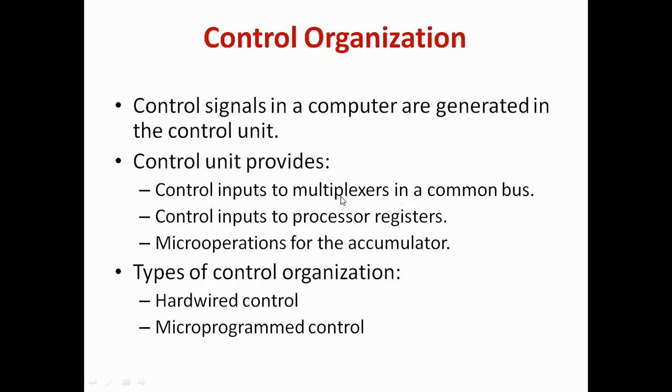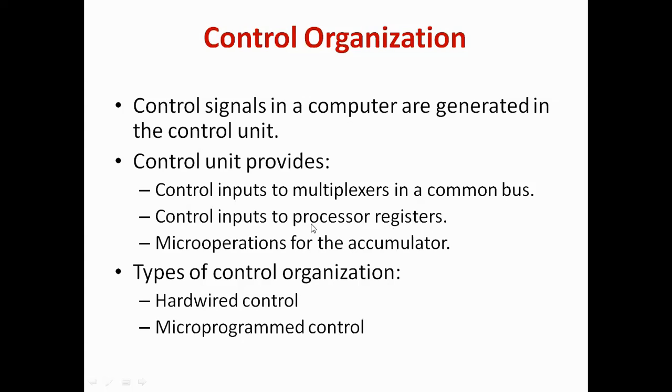And we have various processor registers, and we know those registers have various control inputs. For example, load is there, clear is there. So these control inputs will also come from the control unit.